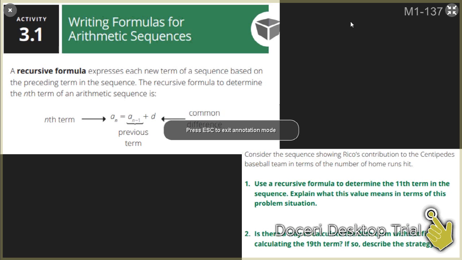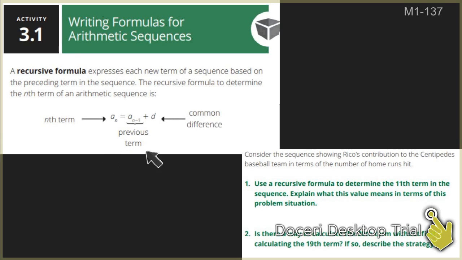So if you take a look right here in the middle of the page, we have this formula that's written out, and right now it kind of looks hard to understand. Okay, so the first term, which is A sub n, just means the nth term, which means whatever term we're after.